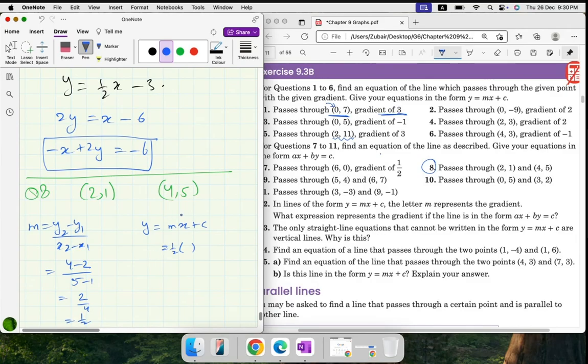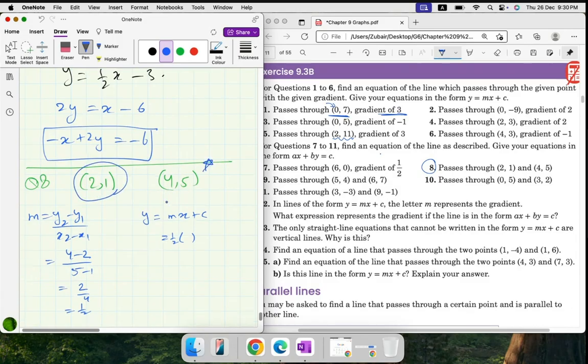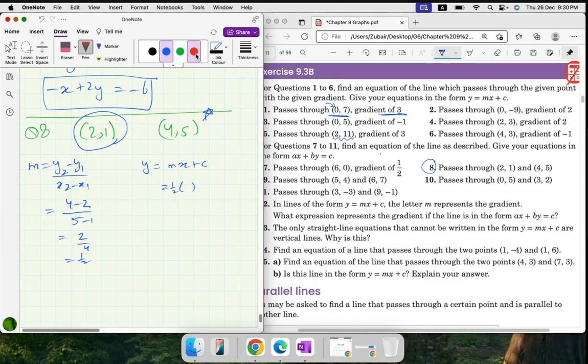You can use 2 comma 1. I will use 4 comma 5 and we'll get the same answer to find c.